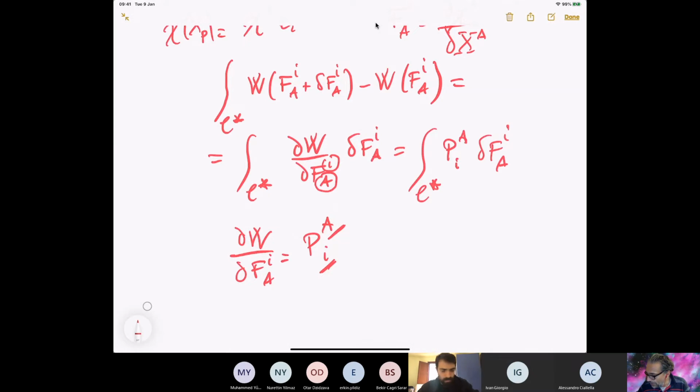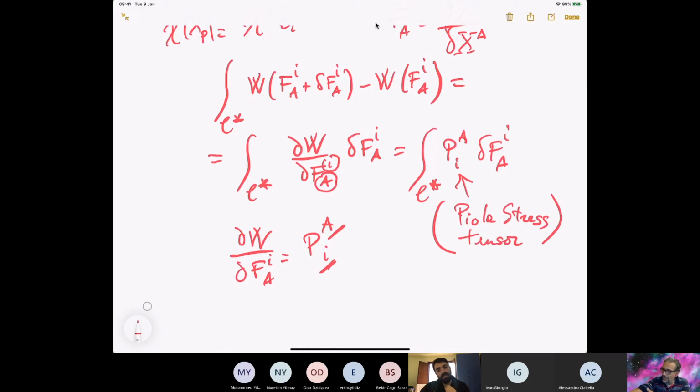This is the Piola stress tensor. I don't want to call it using the nomenclature of Truesdell. He calls it, I think, a second Piola-Kirchhoff stress tensor. I call it Piola stress tensor, period. Okay?